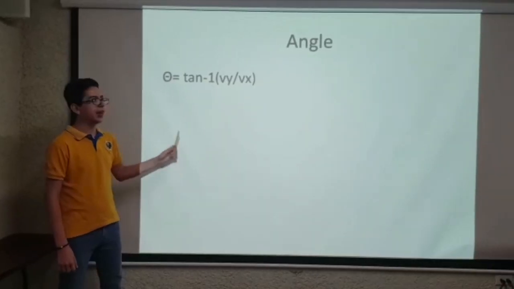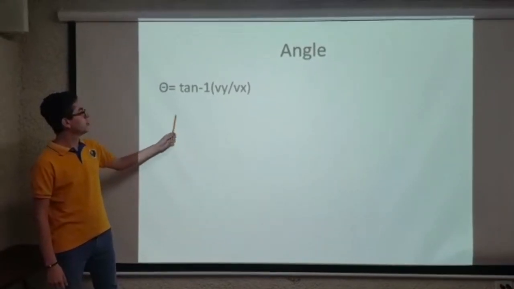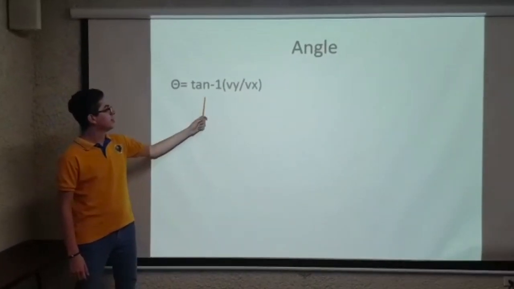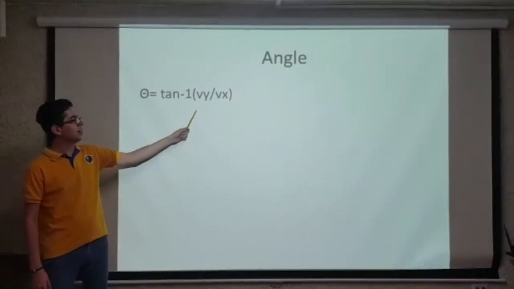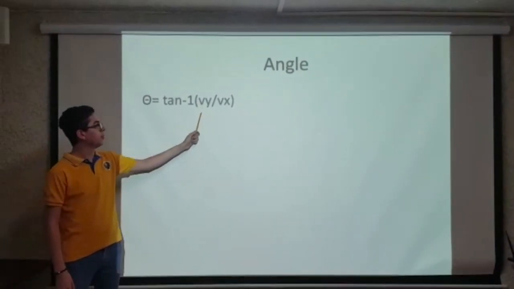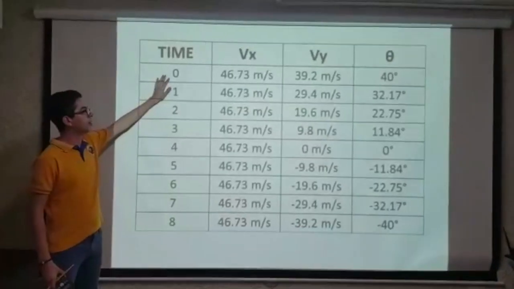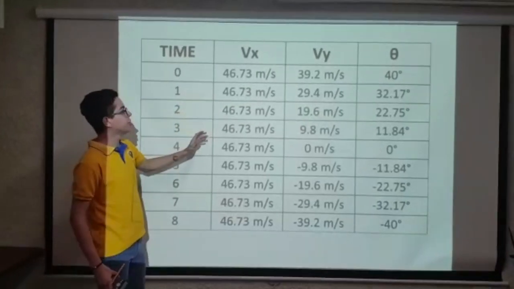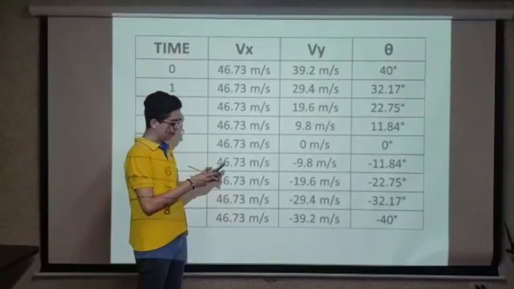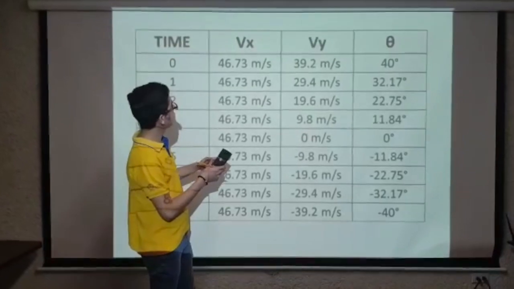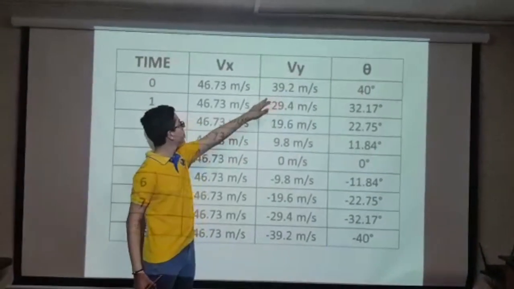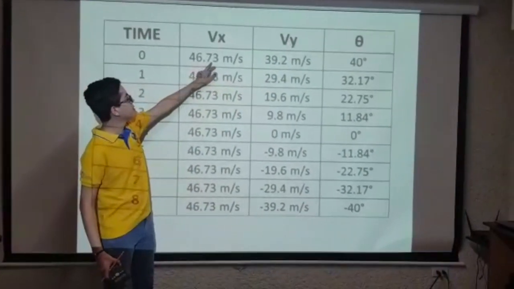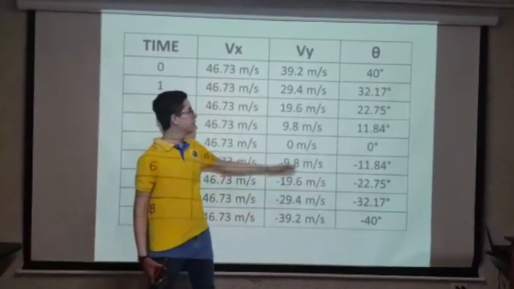The formula to find the angle in each second is to use inverse tangent times velocity in axis y over velocity in axis x. To find the angle, we will use the function inverse tangent times 29.2 over 46.73, and the result will be 40 degrees.